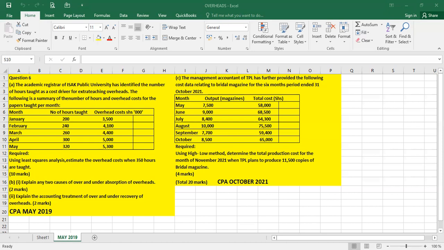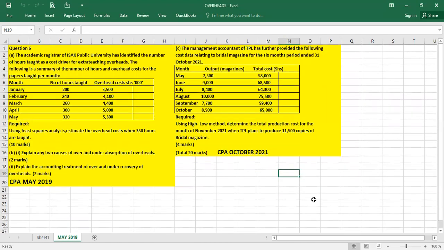The question we are going to be handling is question 6, and this is CPA past paper, October sitting 2021.